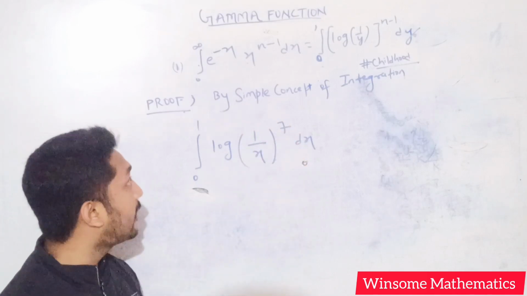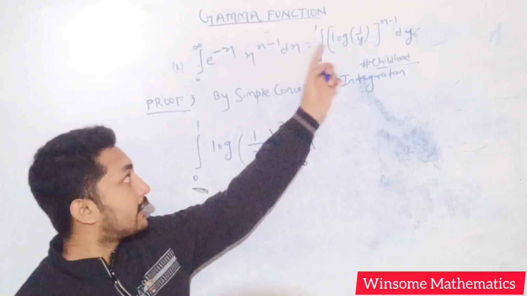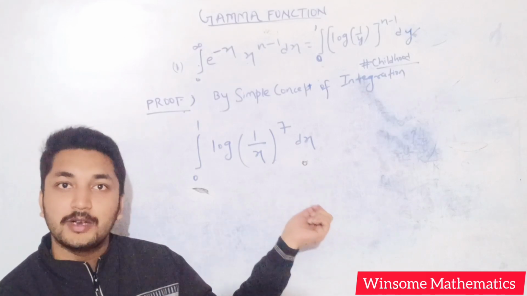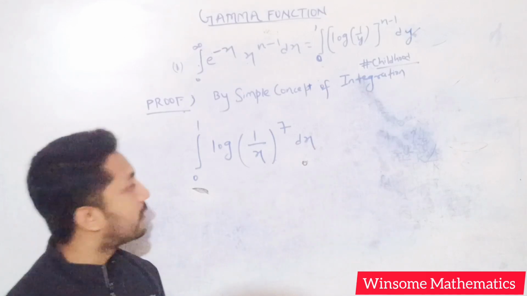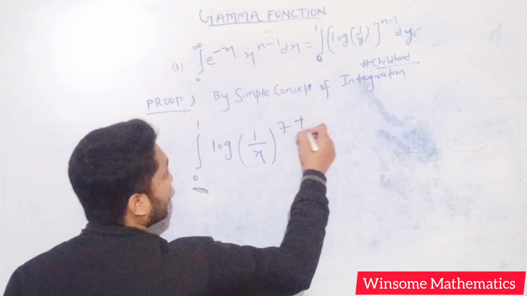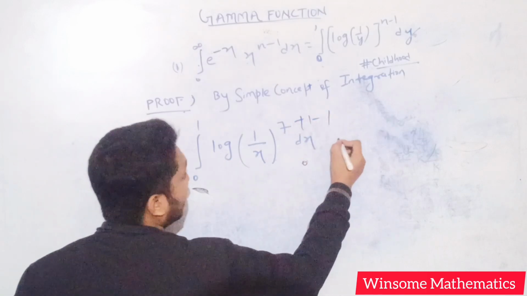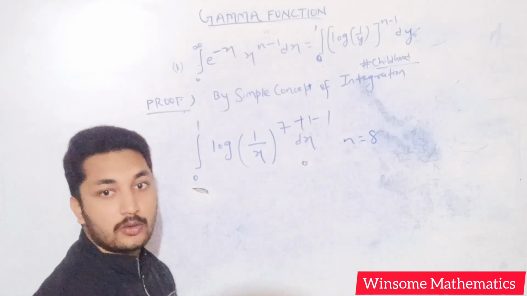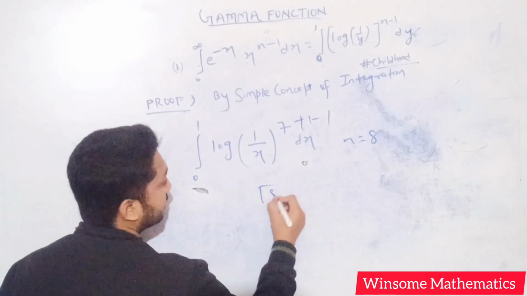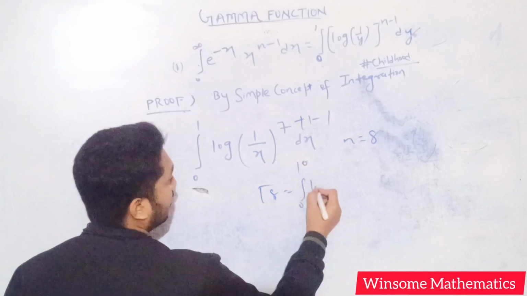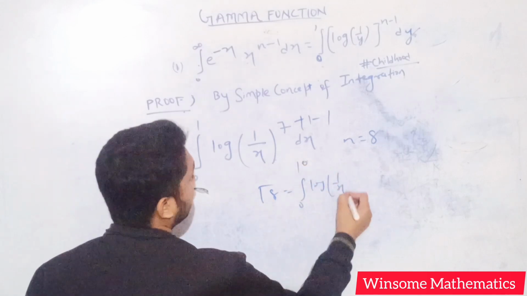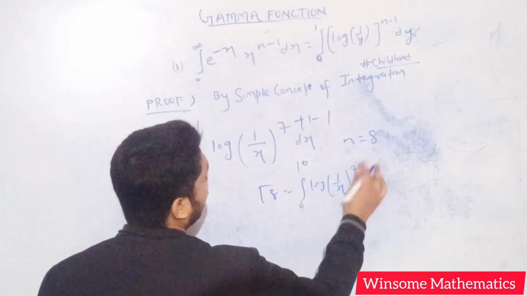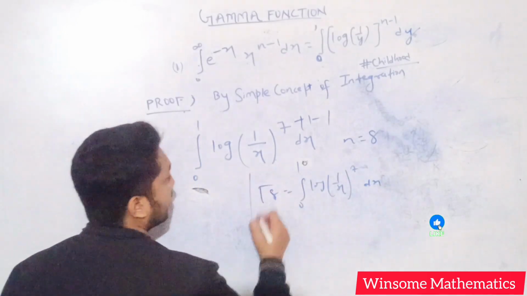I told you already how to reduce it to this form. How can you write 7 in the n minus 1 form? Simply do plus 1 minus 1, so n is equal to 8. Simple. So we know that gamma 8 is equal to the integral from 0 to 1 of log 1 upon x to the power 7 dx. So this was the basic concept.